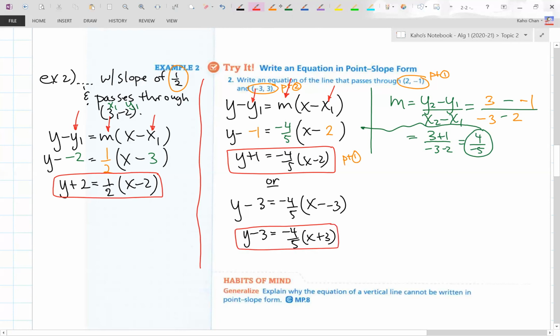Okay, this is if you chose point 2. Yay! Those are actually the same. They may not look like it, but if you simplify them and just rearrange the furniture, these are actually the same equation. All right, next page.